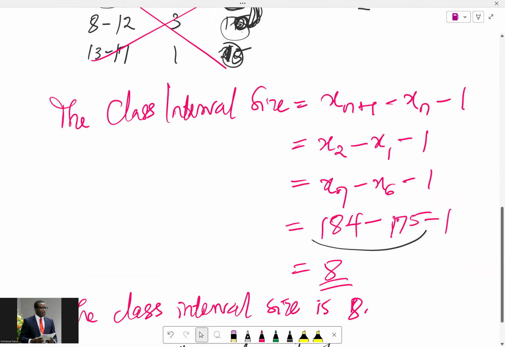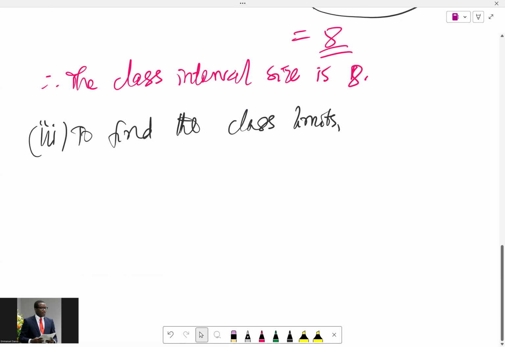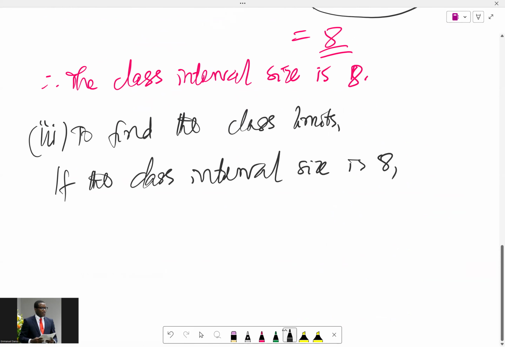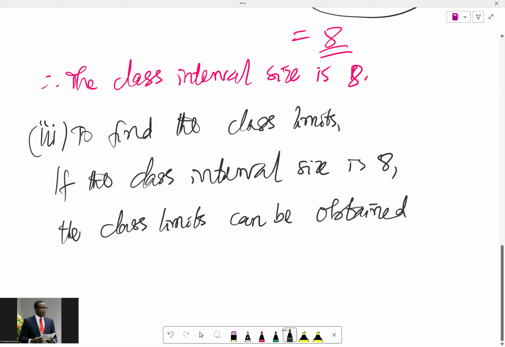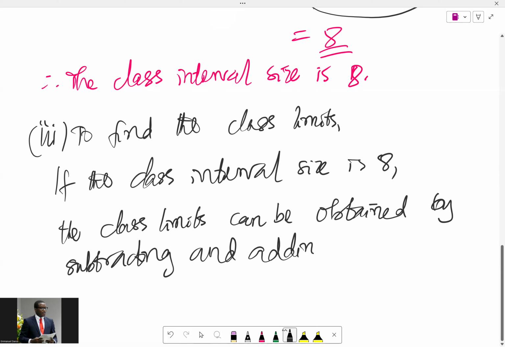So if the class interval size is 8, the class limits can be obtained by subtracting and adding 8 over 2, which equals 4, to each class mark.